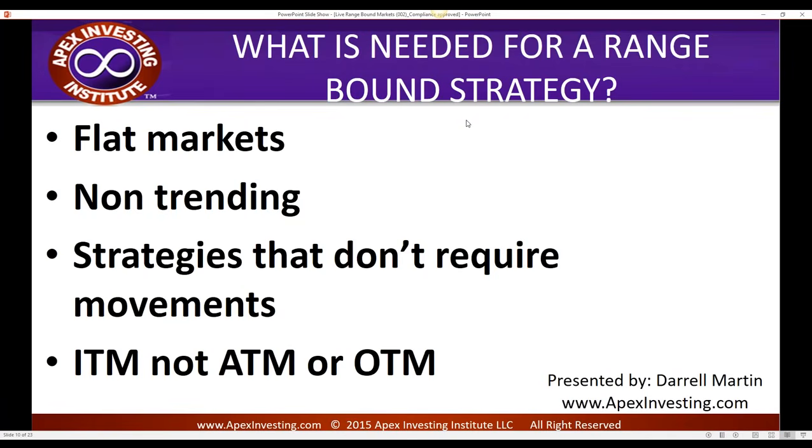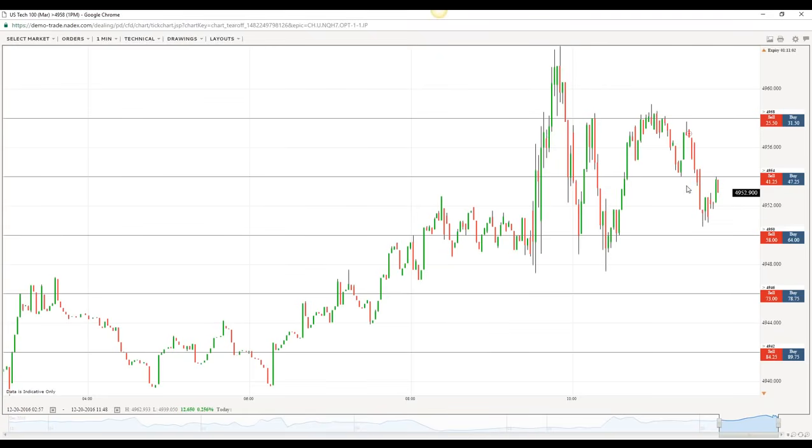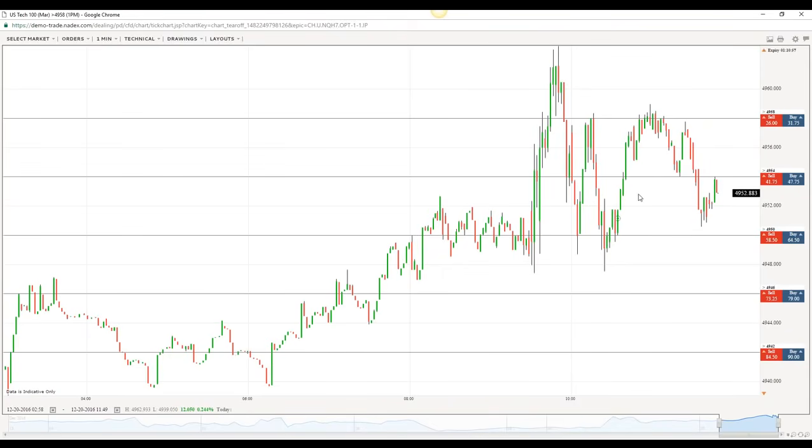Meaning when the markets are just flat, they're not really moving, okay? So let's think about something. If we've got a day where the market's just flat, for example, it's not shooting straight up or straight down, do you think you really want to sell a binary way down here, therefore saying that the market's going to shoot way down?